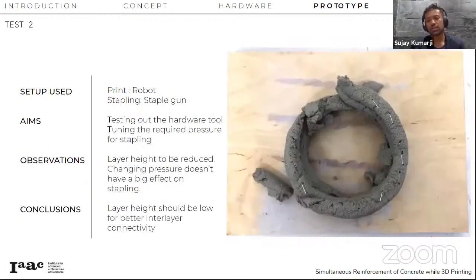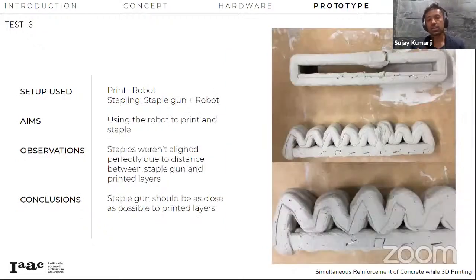Our second test got a little more refined when we started to use the staple gun and adjust the pressure required to embed these staples sufficiently deep into the concrete elements. Finally, we mounted it onto the robot, to see how the trailing effect happens.